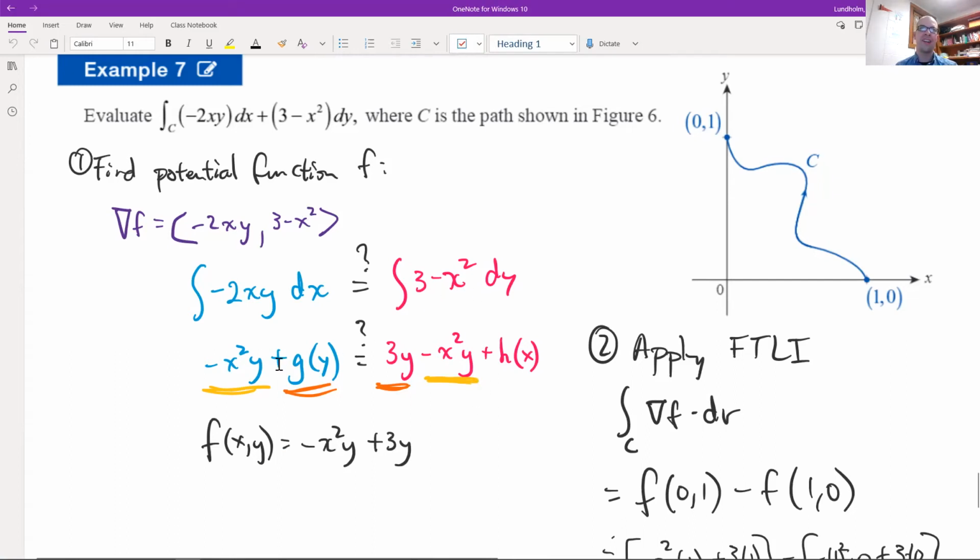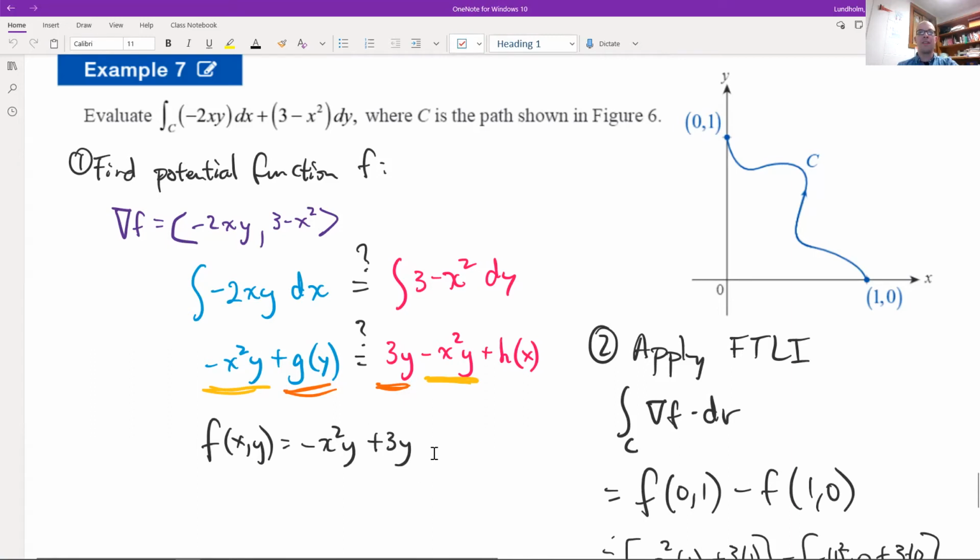We get down here and see this is minus x squared y plus possibly just some function of y. Here we get 3y minus x squared y plus possibly some function of x. But the things that actually match are the minus x squared y's, and 3y is actually a function of y. So this is our potential function, minus x squared y plus 3y.